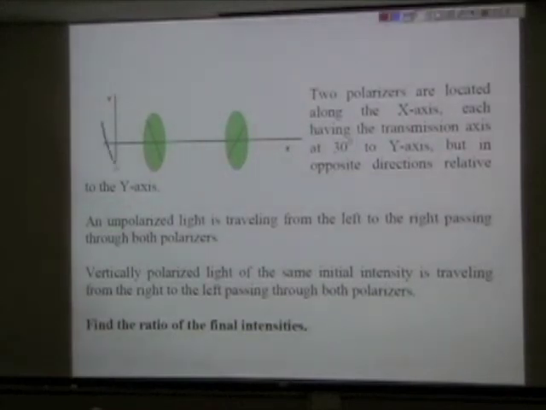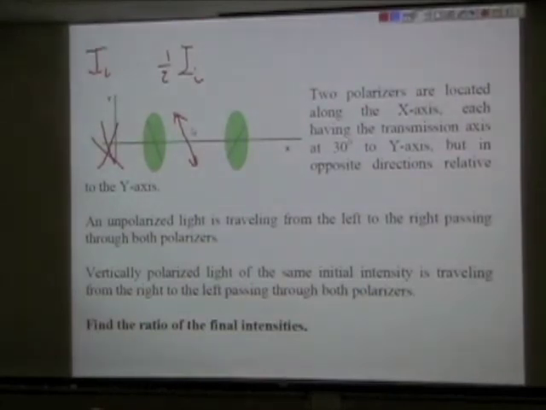So, initially unpolarized light is traveling through the first polarizer. Well, if this is the initial intensity, the intensity of this light after the polarizer has to be equal to a half. For unpolarized light, it's always a half of the initial one. But more importantly, it becomes polarized in the direction of the transmission axis of the first polarizer.